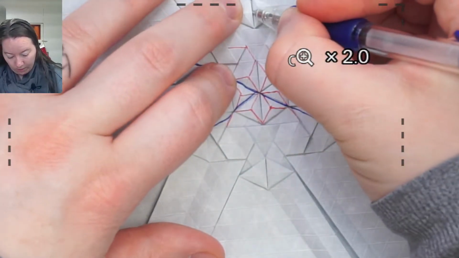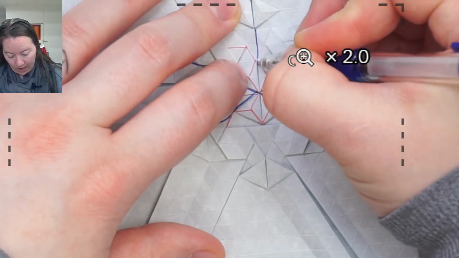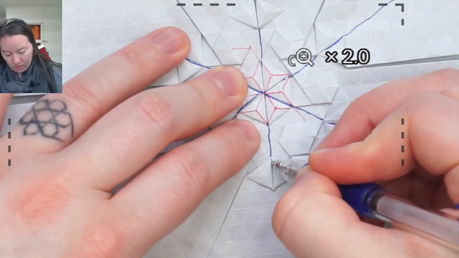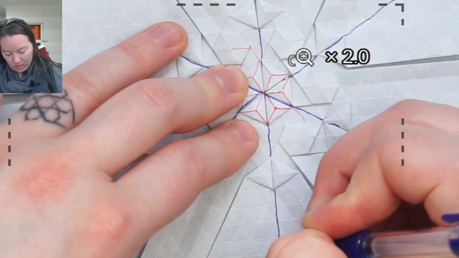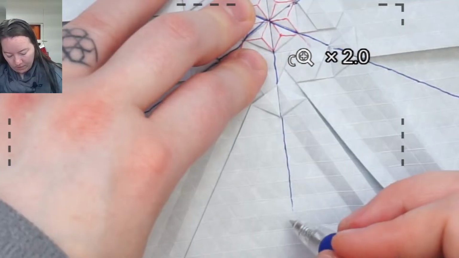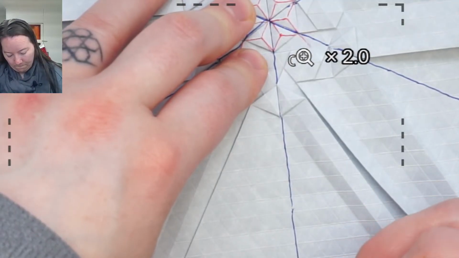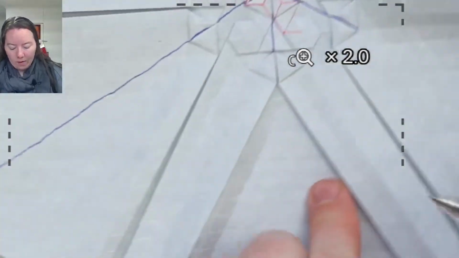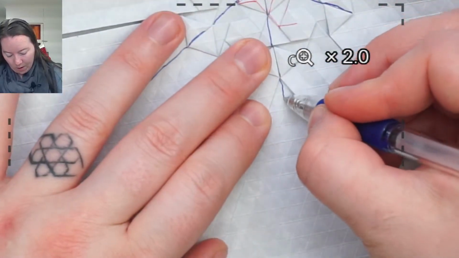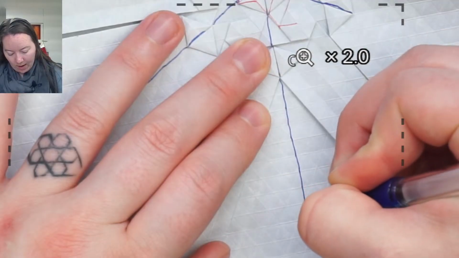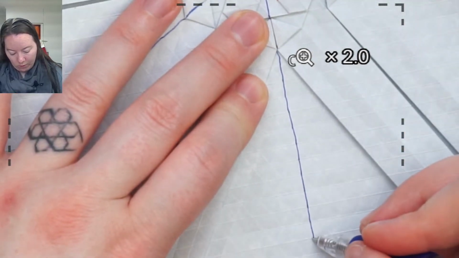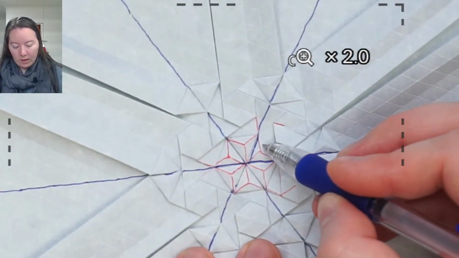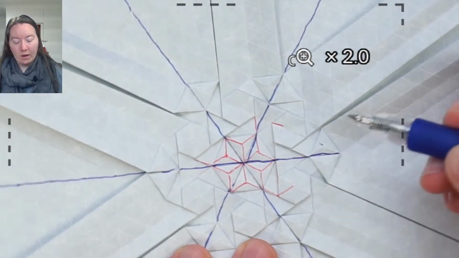And if you're folding in real time, this gives you a chance to catch up a bit. So we have these mirror symmetry lines between our meta triangles of 3 triangle twists and a hexagon.